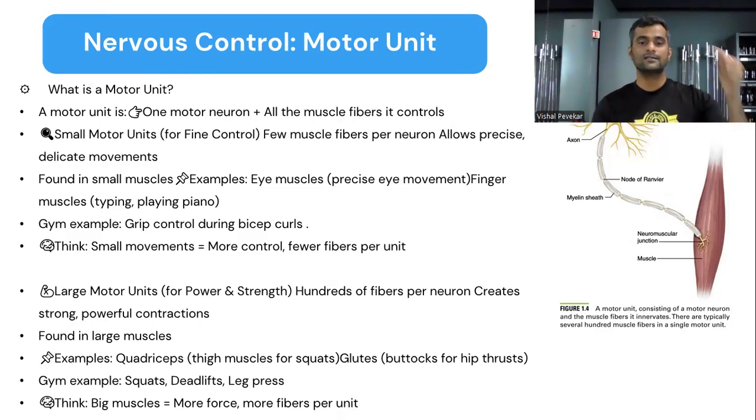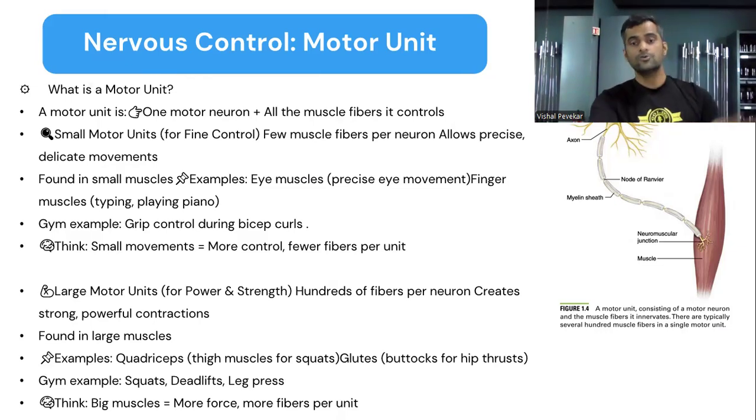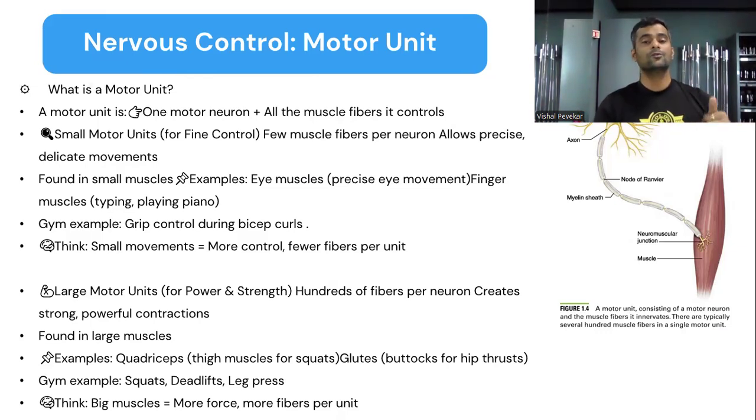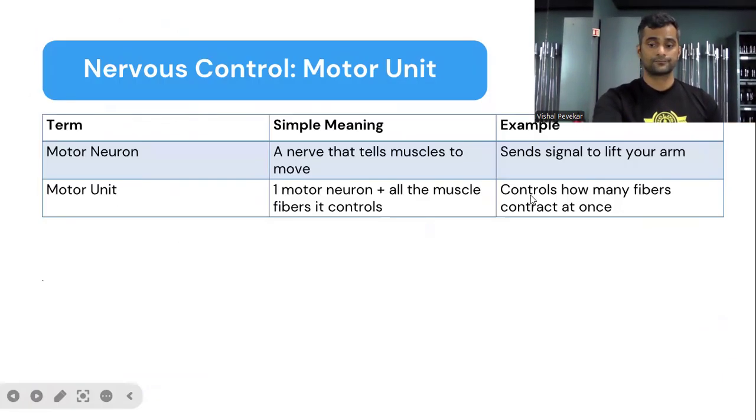Whatever signal is sent by the brain is going to be received at the neuromuscular junction, and then the muscle will act according to what the signal is. So this is how your control is set, and the whole controller is basically your brain. The nervous control will depend on the motor units that are used.